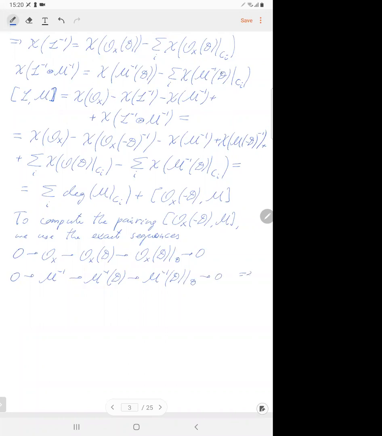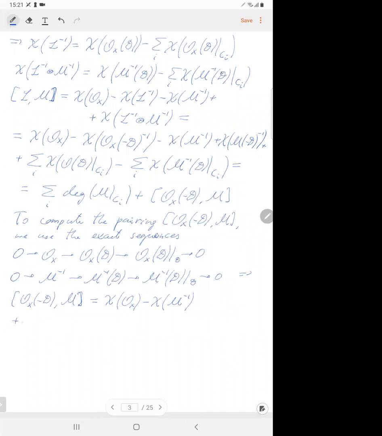And from this, we see that the desired pairing, the pairing of minus D with M, is the Euler characteristic of OX minus the Euler characteristic of M inverse. Well, let me go to the next line.